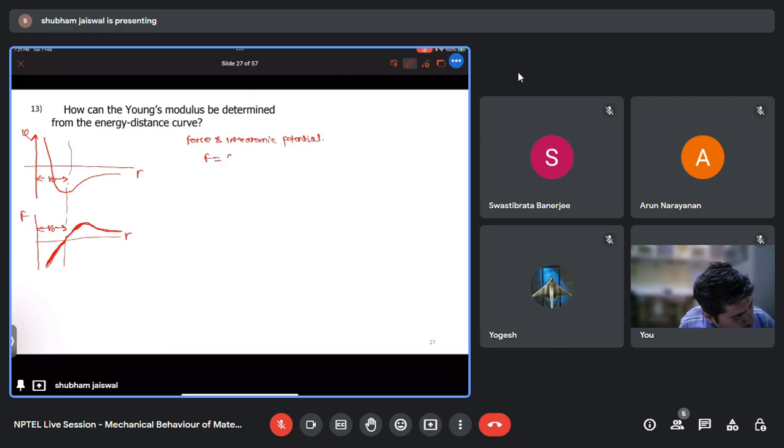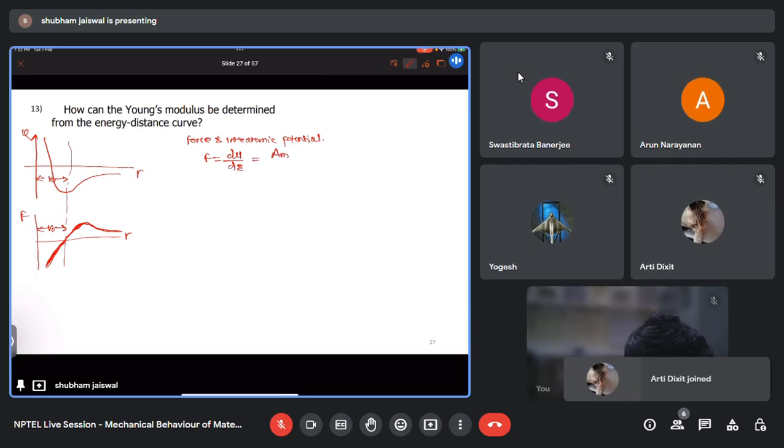F is equal to du by dr. Am I correct? That is am r to the power m plus 1 minus bn r to the power n plus 1. Is it correct?